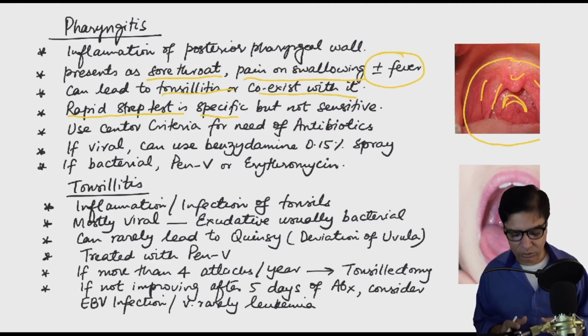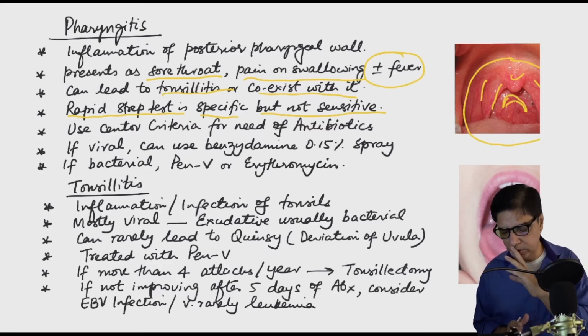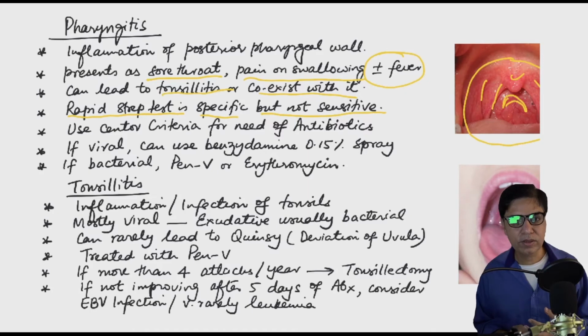If not, then probably we will have to take culture swabs and see which bacteria is growing. The Centor criteria gives you 4 or 5 marks for some of the features that we look for. 1 mark for fever, 1 mark if there are exudates on the tonsils, 1 mark for adenopathy, 1 mark if there is no cough, and obviously 1 mark if the child is less than 15 years of age, and we minus 1 mark if somebody is more than 44 years of age.